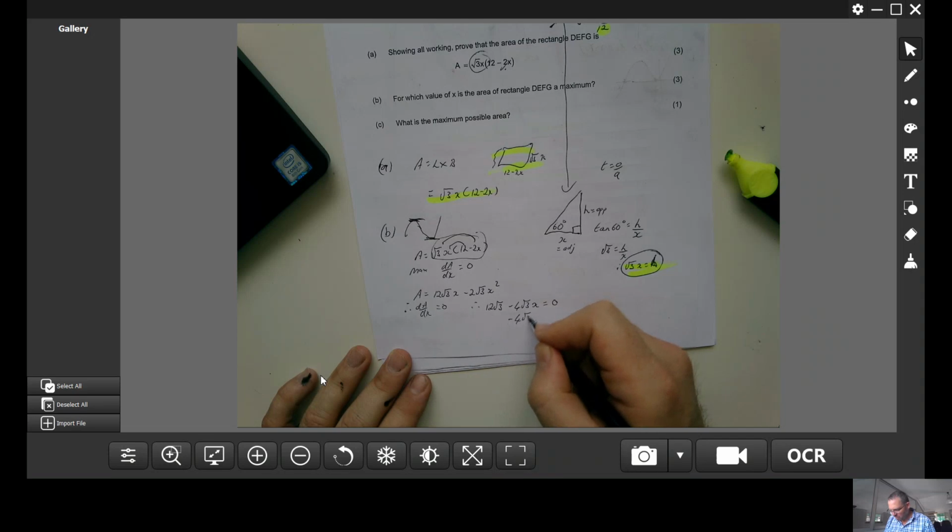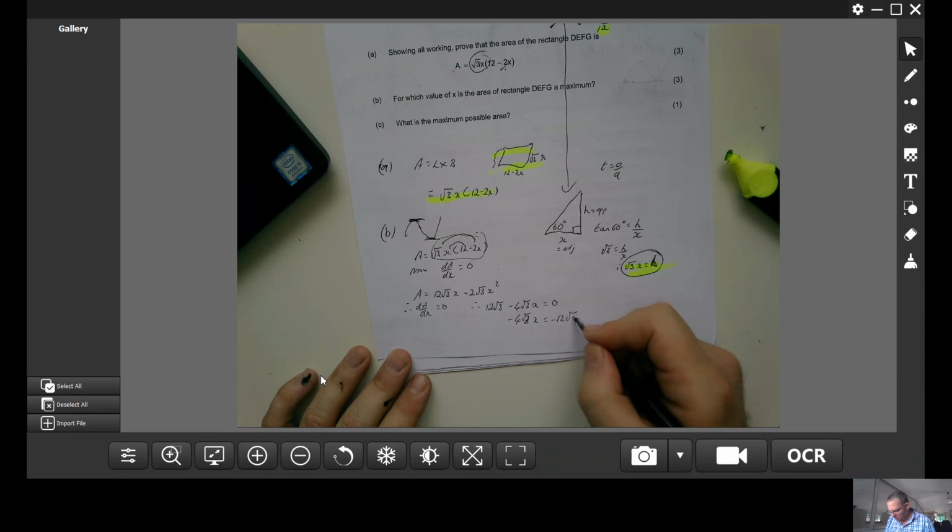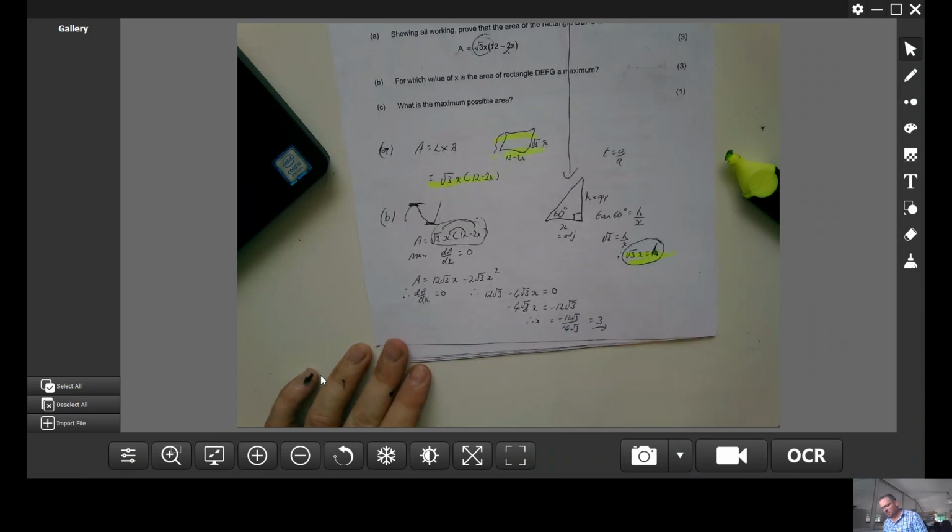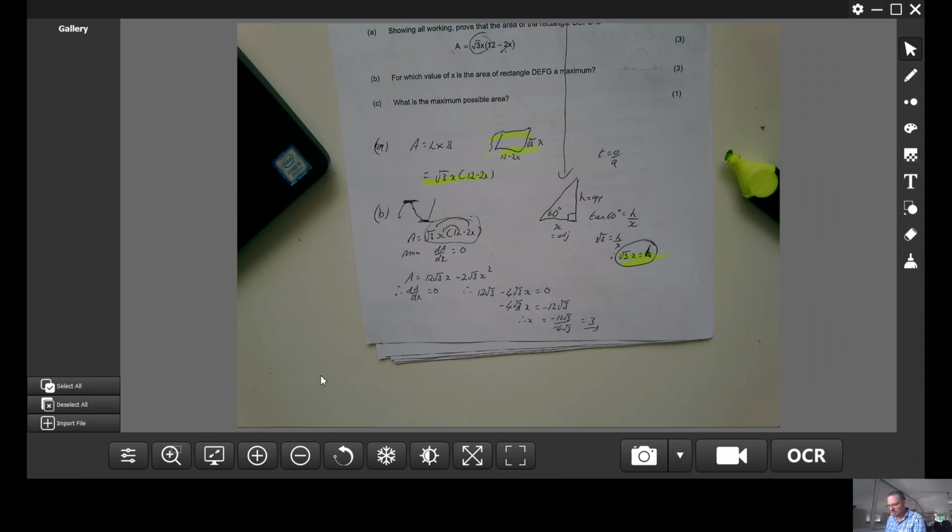So you get negative 4 root 3 x is equal to negative 12 root 3. So x is going to be equal to negative 12 root 3 over negative 4 root 3, which is equal to 3. Those cancel, so I end up with x is equal to 3.